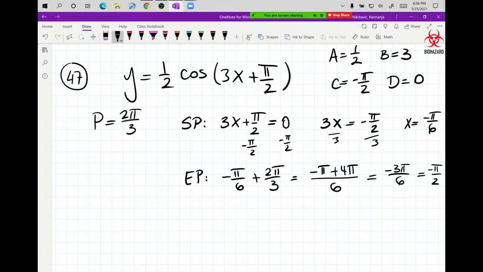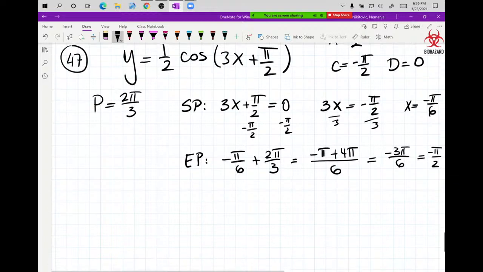Now, we are going to use this to do our counting, but on the graph, we're going to put negative pi over 2. Okay, so now we are going to work this out on the graph.